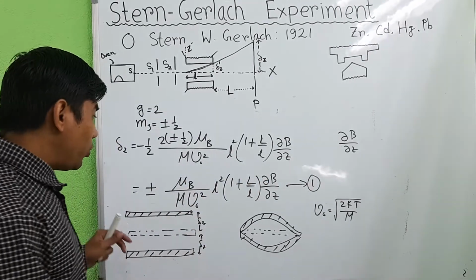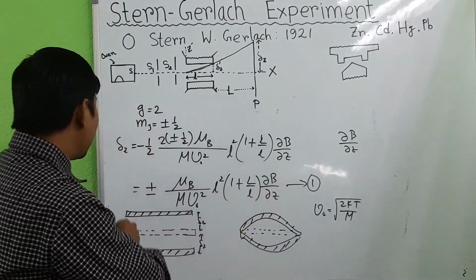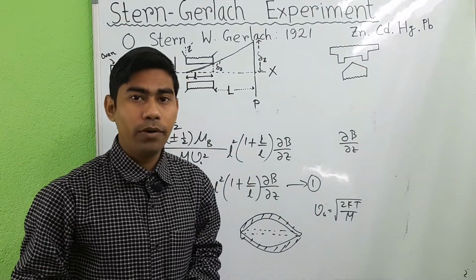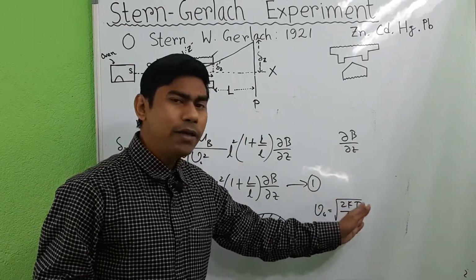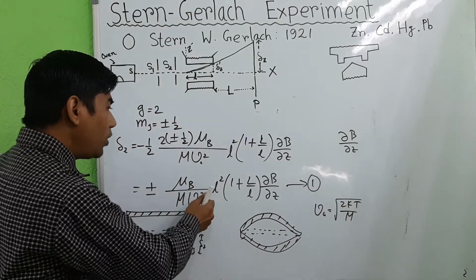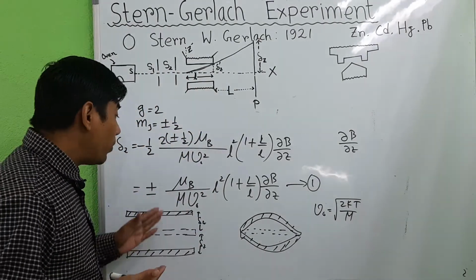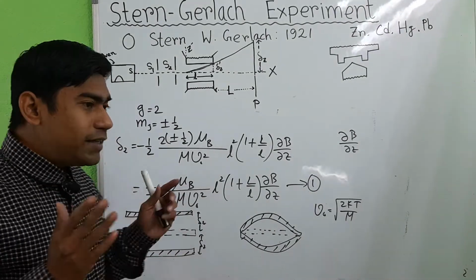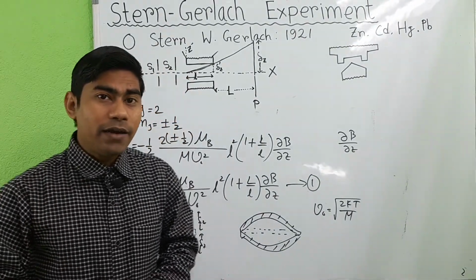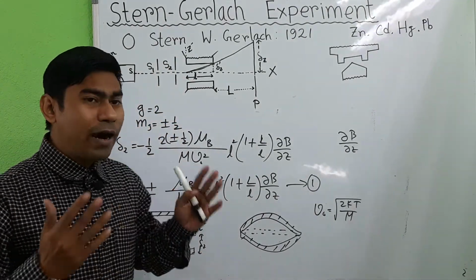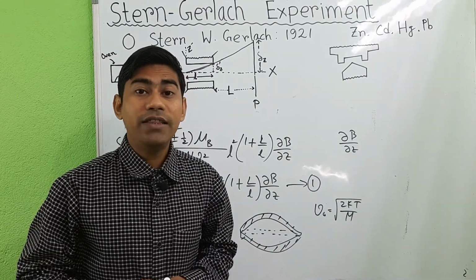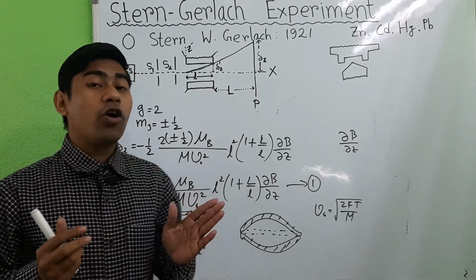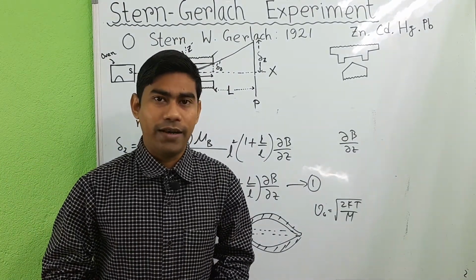This experimentally determined value of mu B is found to agree well with the theoretical value. Thus, this experiment confirms the vector atom model.